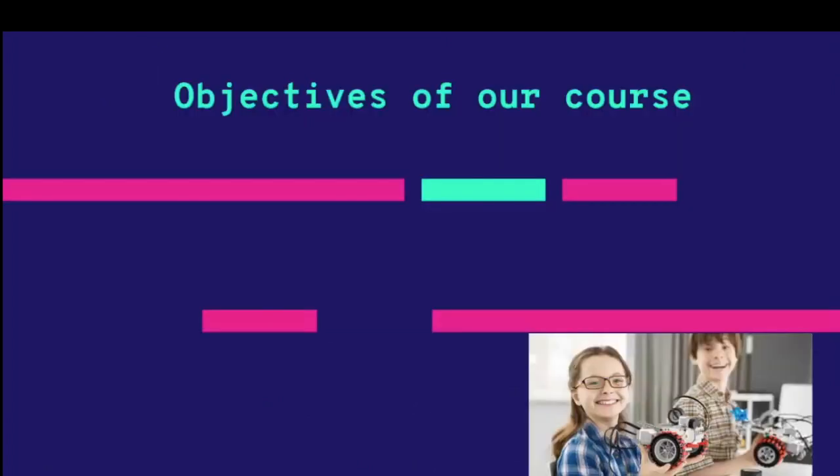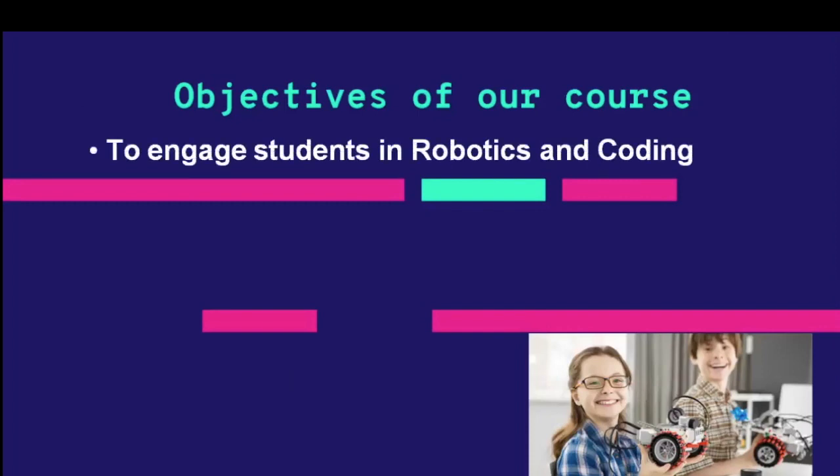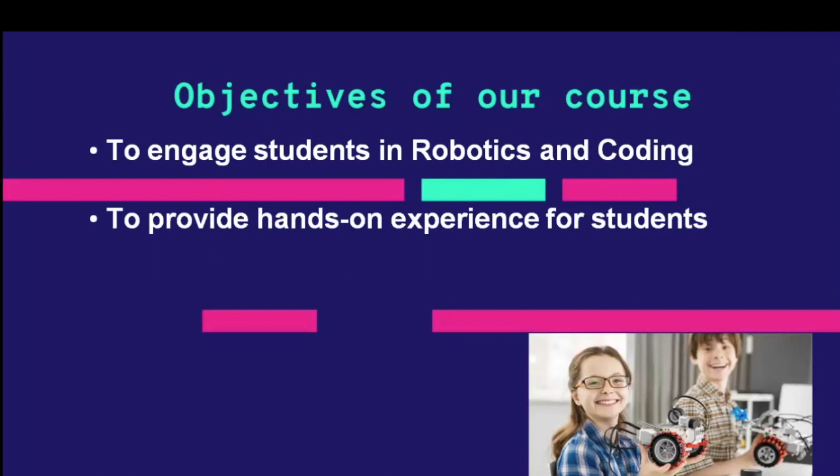So the objectives of our course are like these. First, to engage students in robotics and coding, because we'll be teaching you all the concepts related to robotics and also programming. The second objective is to provide hands-on experience for the students.